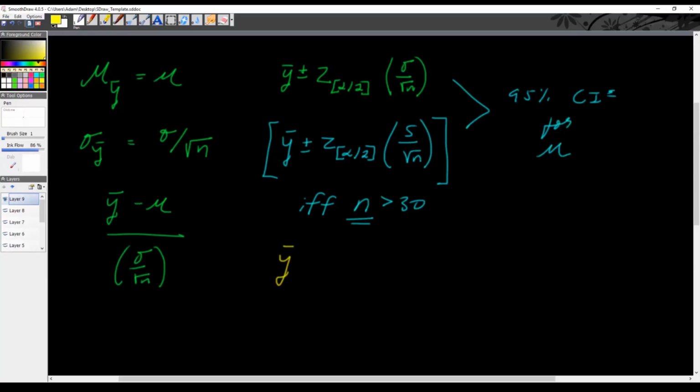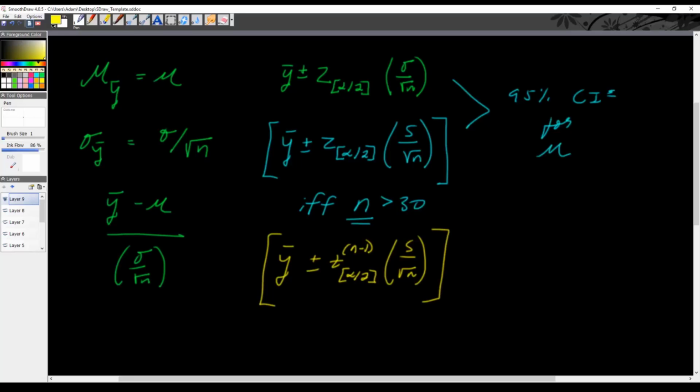We've already seen it. It's just based on the t distribution. So if we don't have the population standard deviation, we use this if we've got a large sample, or we use the yellow if we've got a small sample.